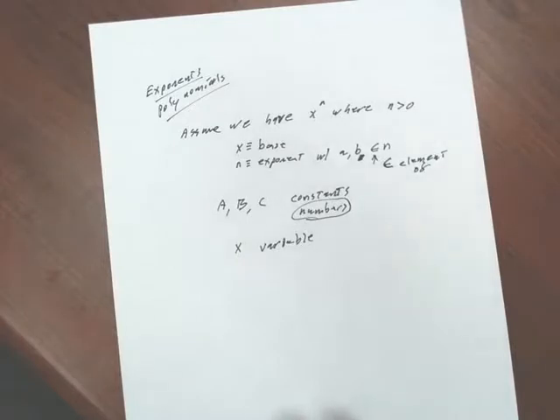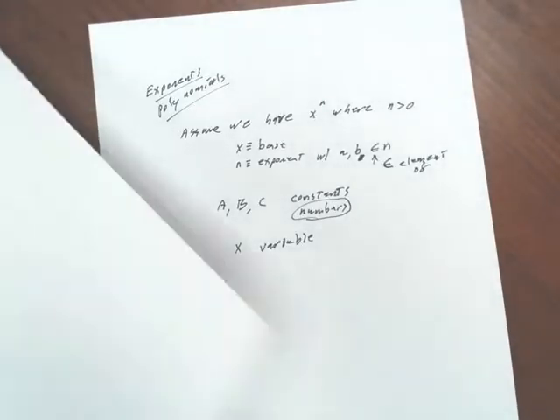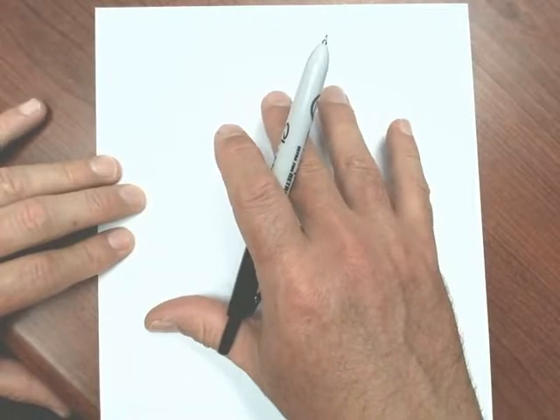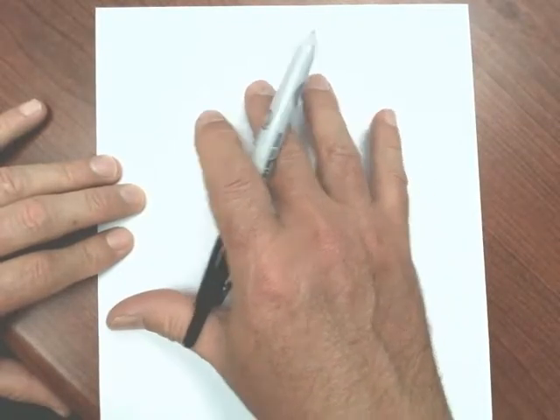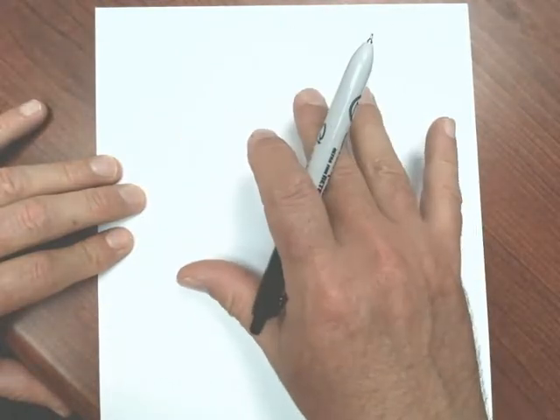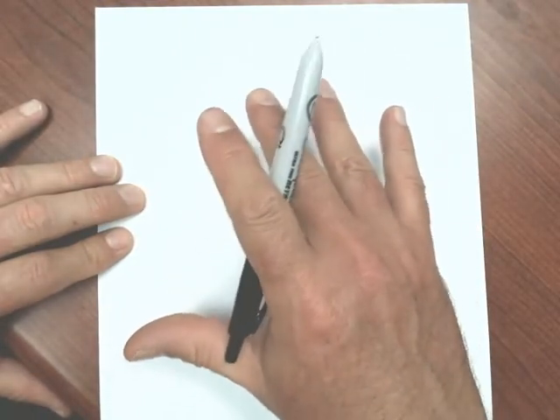Now, moving forward, let me get my blank paper out here. First, what we're going to do with regard to exponents in particular, not polynomials yet, is we're going to lay out some rules.